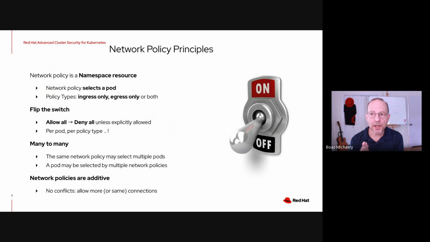Now, there are some complexities with the way that network policy is defined today. It works in a many-to-many relationship, which means that I can have one network policy select multiple pods because maybe I want to apply a certain behavior to many pods at once. But also, one pod can be selected by multiple network policies.